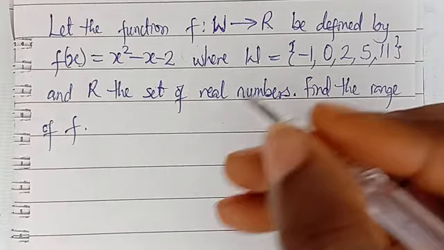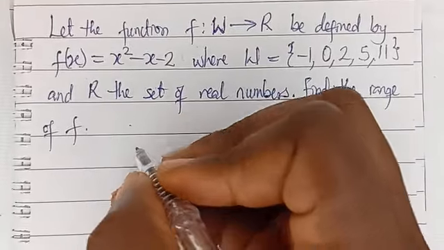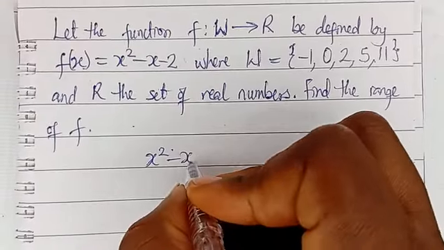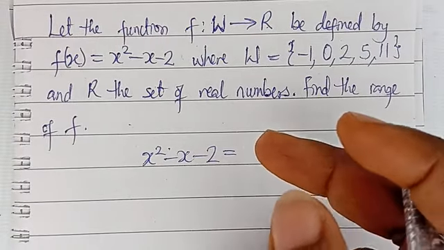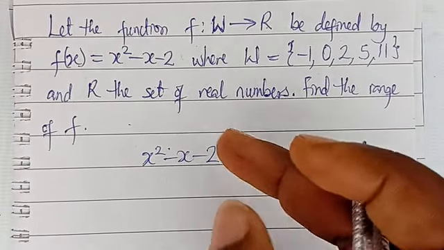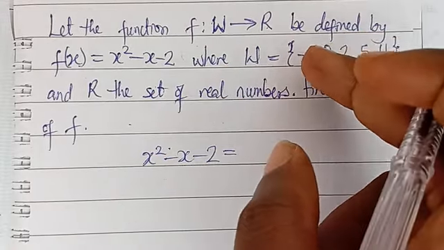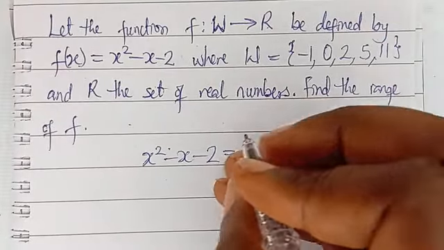Now for this, we see that the equation of the function, x squared minus x minus 2, is always equal to the codomain. So we are going to substitute each value of the domain into x. X represents the domain, right?